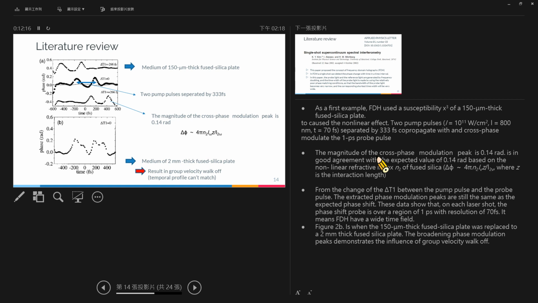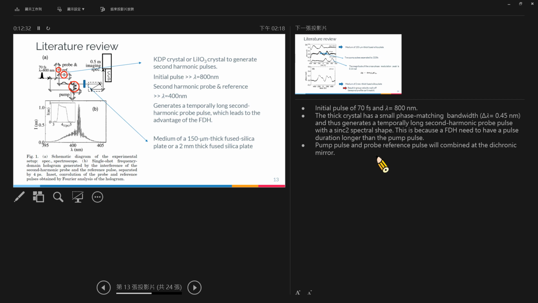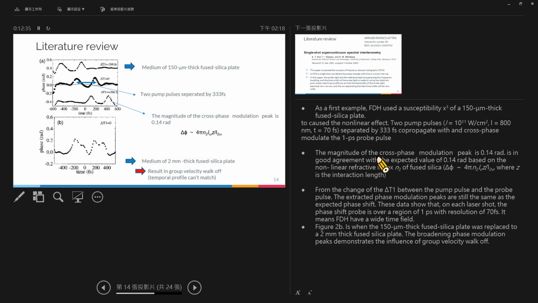Okay. So as a first example, it puts a medium of 150 micrometer thick fused silica plate, and the two pump pulses are separated by 333 femtosecond. By the last page, there are two signals, and these two signals are separated by 333 femtosecond, and the magnitude of the cross phase modulation peak, the peak over here, is 0.14 rad, and it has a good agreement with the expected cross phase modulation peak.